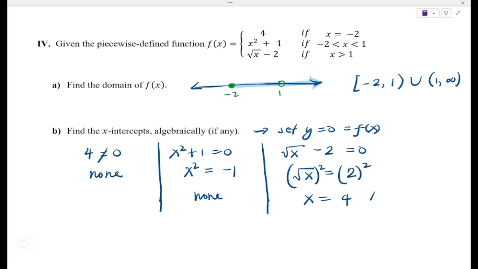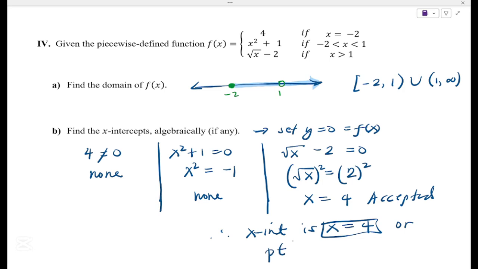So I have to accept this x value as the x-intercept. Therefore, the x-intercept is x equal to 4, or you can write this as (4, 0). You can choose either one, x equal to 4 or (4, 0). So that's for the x-intercept.